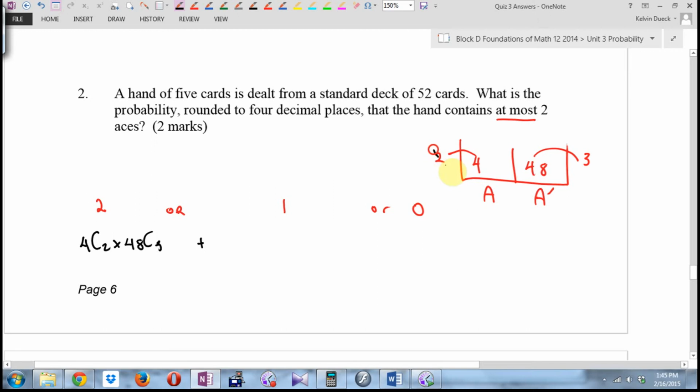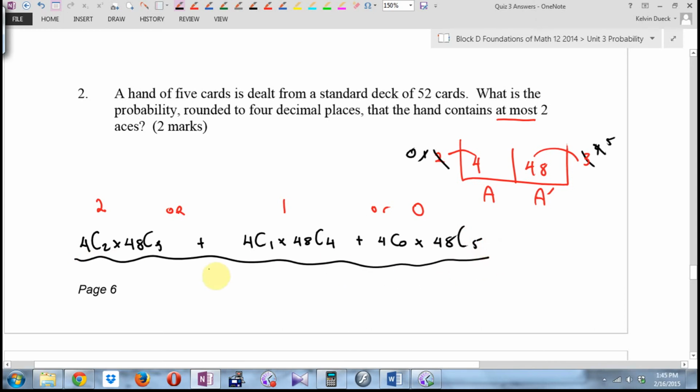Or 4 choose 1, 48 choose 4. Or 4 choose 0, 48 choose 5. And all of this is going to be over 52 choose 5.